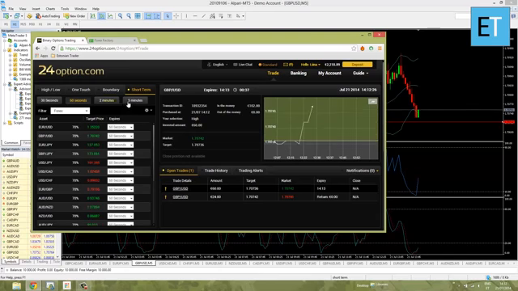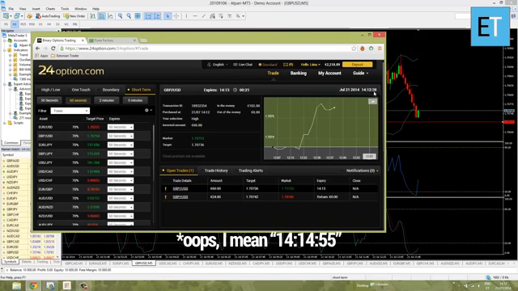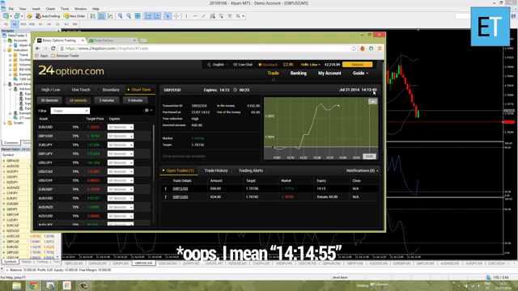If not, I will start a trade for 5 minutes at the end of this candlestick. I will start it at the last 5 seconds or so. So let's say at 14:44 and about 55 seconds.